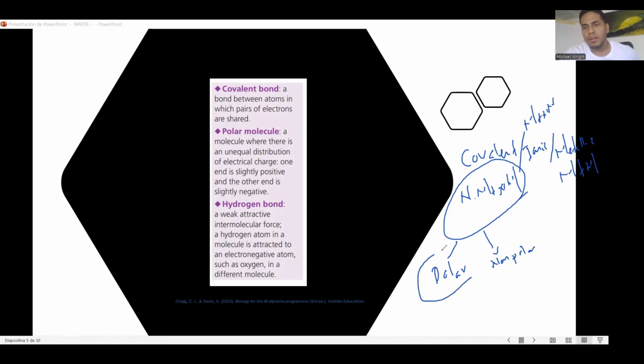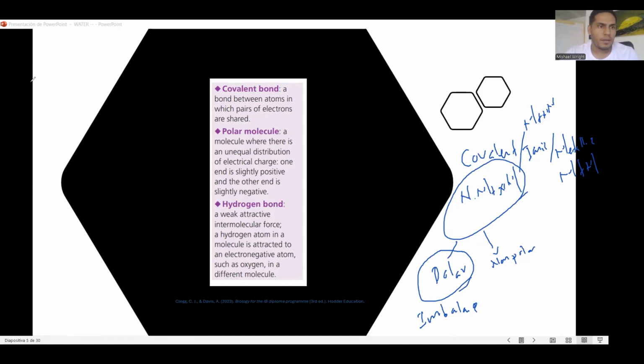The water molecule is a polar covalent because there is an imbalance in its molecules. Okay, so there is an unequal distribution of electrical charge. One end is slightly positive and the other one is slightly negative.